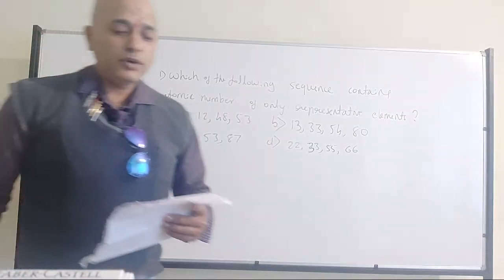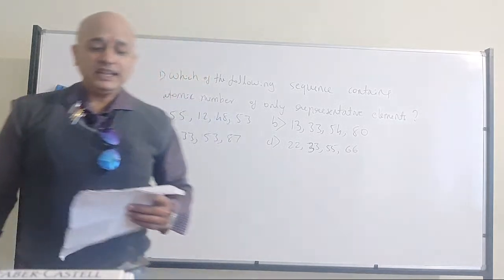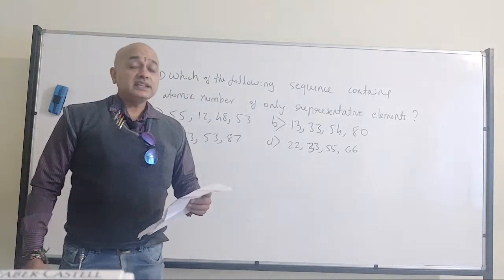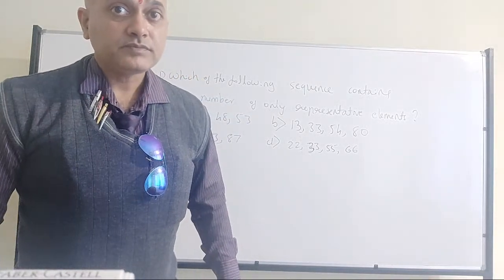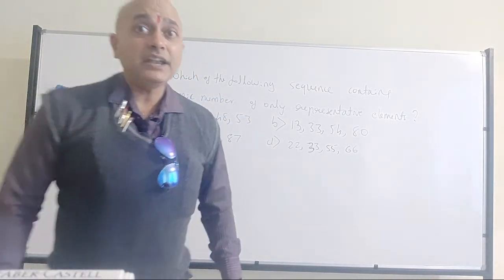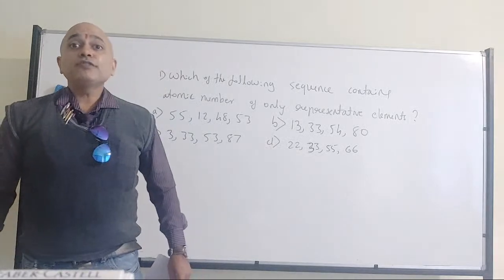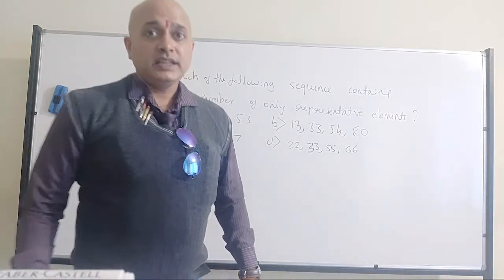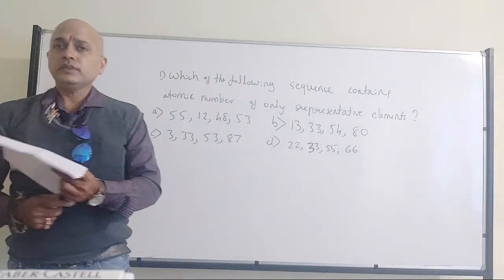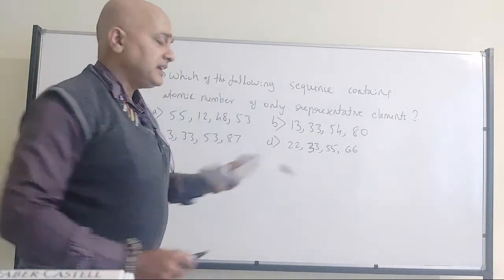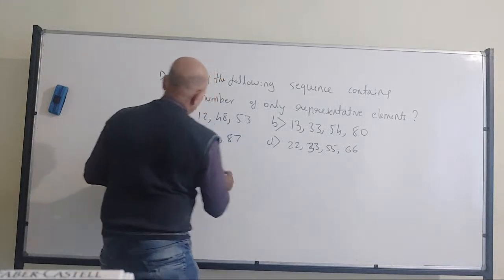And they are asking about representative elements. Representative elements means those elements which belong to the S and P block. This information you should know first. S and P block you should know. Okay, now in between we have the transition elements.